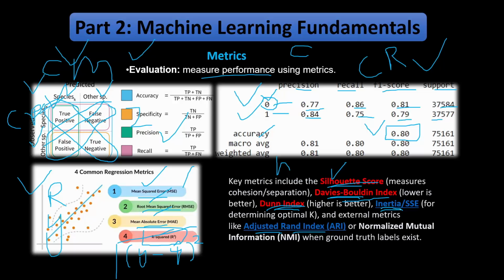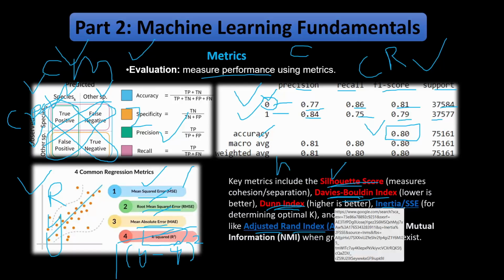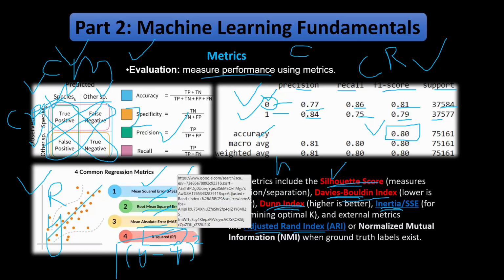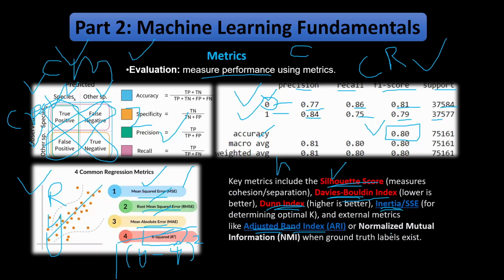And inertia: there is a concept in unsupervised learning where you have to select k, the number of clusters, that we will discuss a bit later. You can check that with the help of inertia, also known as SSE. And adjusted Rand index, or another metric, normalized mutual information, also known as NMI.